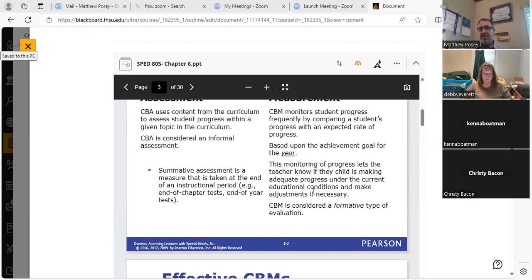And it also lets you know on an ongoing basis, depending on how frequently you do this as the classroom teacher or the resource room teacher, if the student is making adequate progress. By plotting these data points, it gives you a great visual and lets you see if it's a continuous upward trend or if we're seeing inconsistencies, highs and lows, or a downward trend.